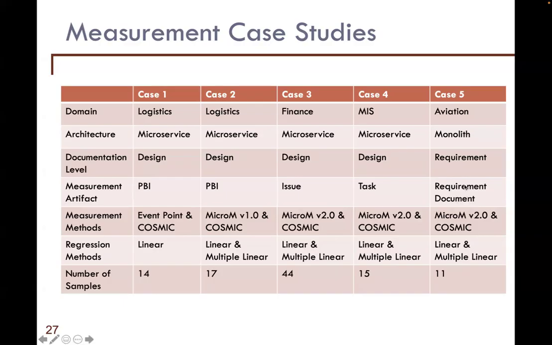But still, we think they are quite comparable because we were able to measure COSMIC and Event Point based on these measurement artifacts. And the fifth case actually was a monolith, not a microservice-based system, but the first 4 cases were all microservice-based systems.